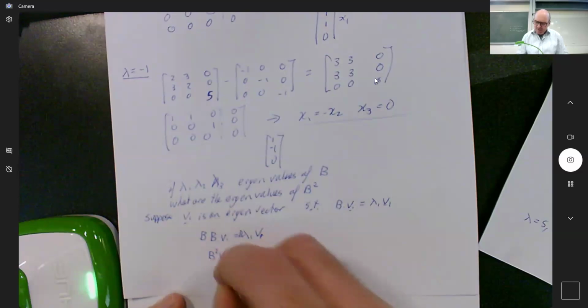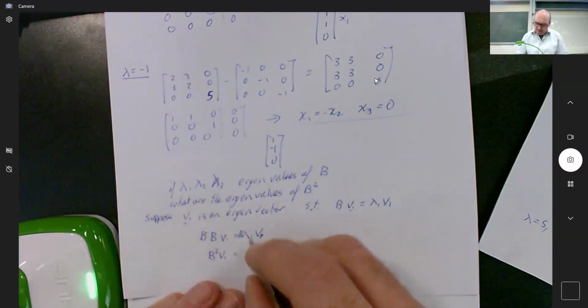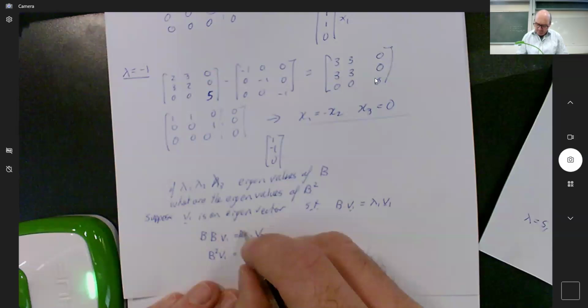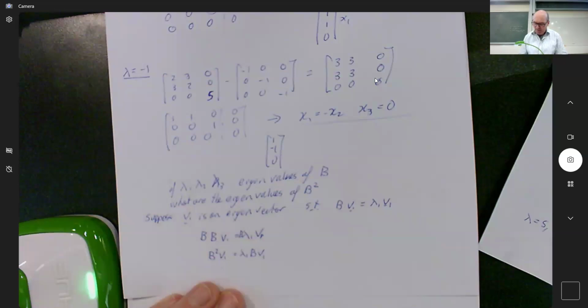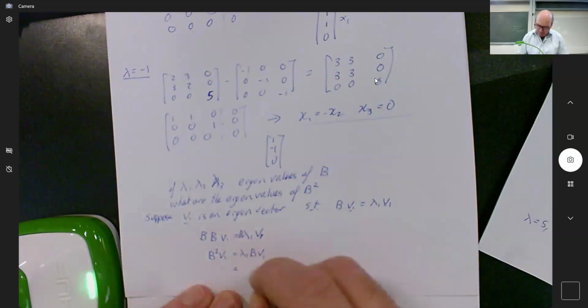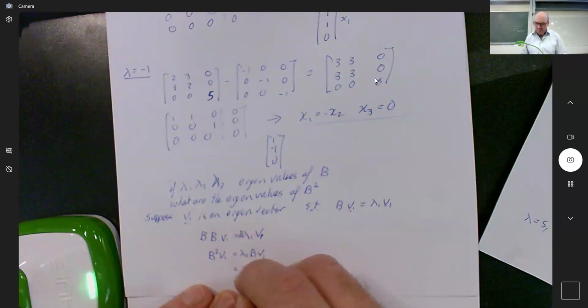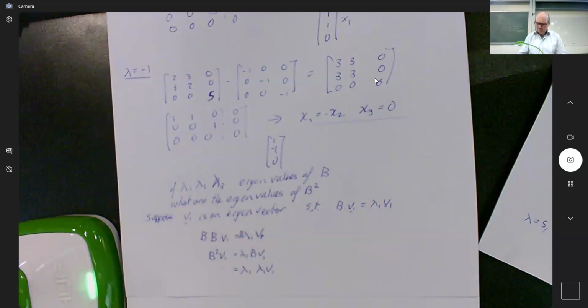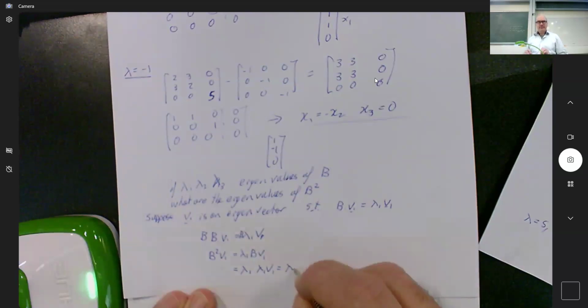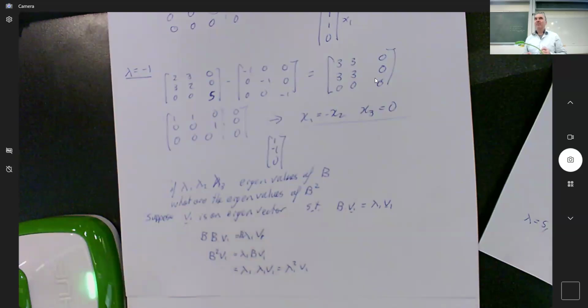And this would get, so lambda is a constant, so I can actually pull that out the front. But I've said that BV1 is equal to lambda 1 V1, so I can write this as lambda 1 times lambda 1 V1. That's not very tricky at all, is it?